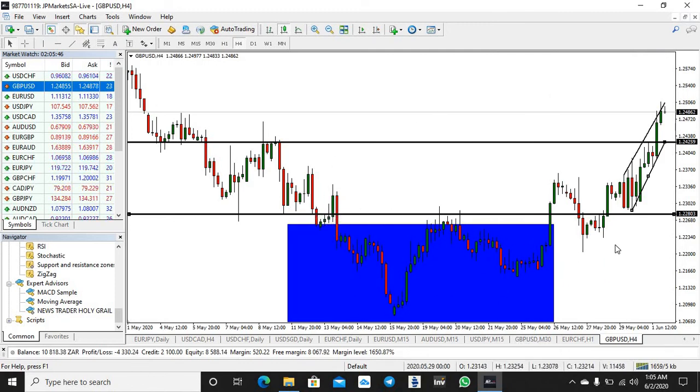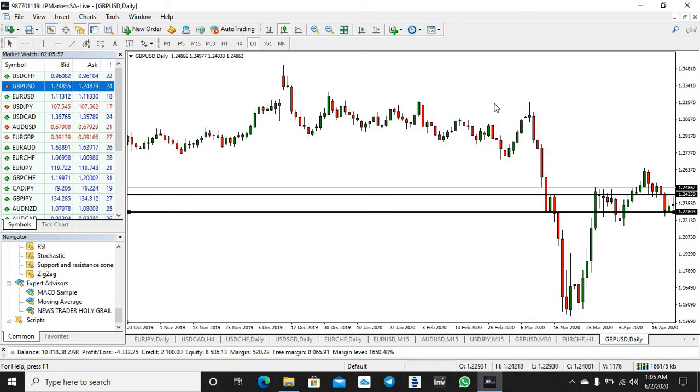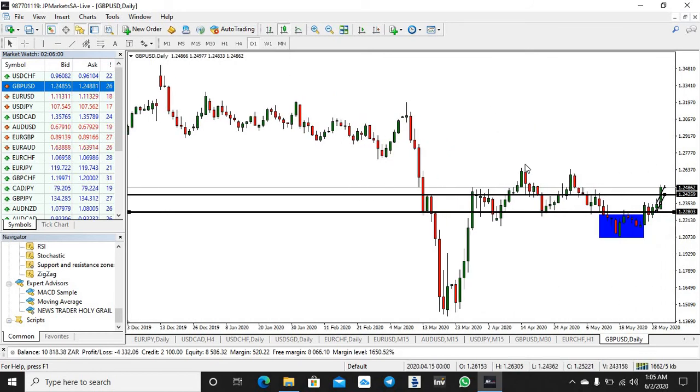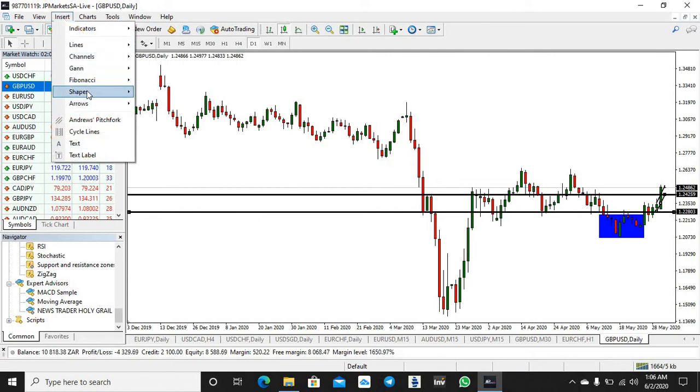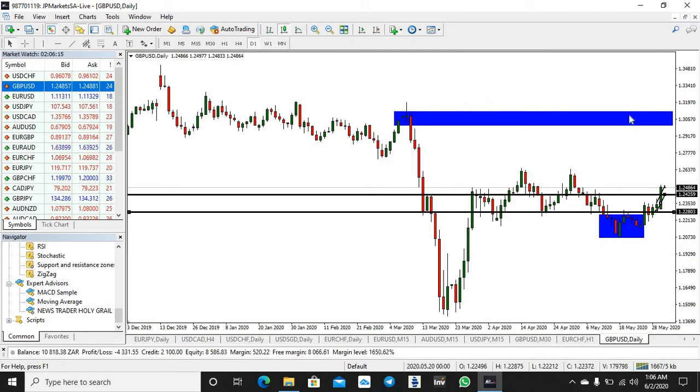You don't want to see yourself selling GBP USD now, right? So when is it gonna turn? Our support and resistance is gonna tell us that this is the point where we can expect GBP USD to go down. Let me just do this. This is the point where we can expect GBP USD to go down, right? But as for now, we can see GBP USD buying up until this point.